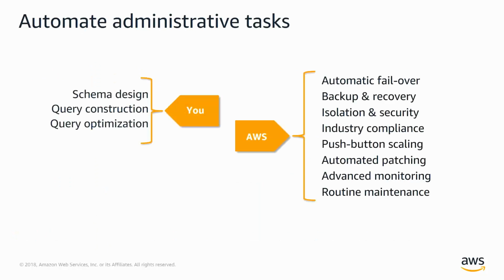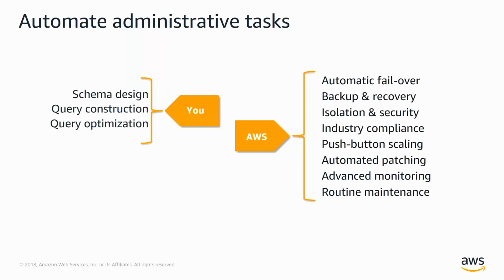So when we were talking about the managed service component of Aurora, I mentioned some of those things that are necessary for business continuity, but they don't really add any new value. Well, that's what you see here on the right-hand side, the automatic failover, backup and recovery, isolation, security, etc. And so by offloading that onto AWS, that frees up a lot of time for you to focus on schema design, query construction, query optimization.